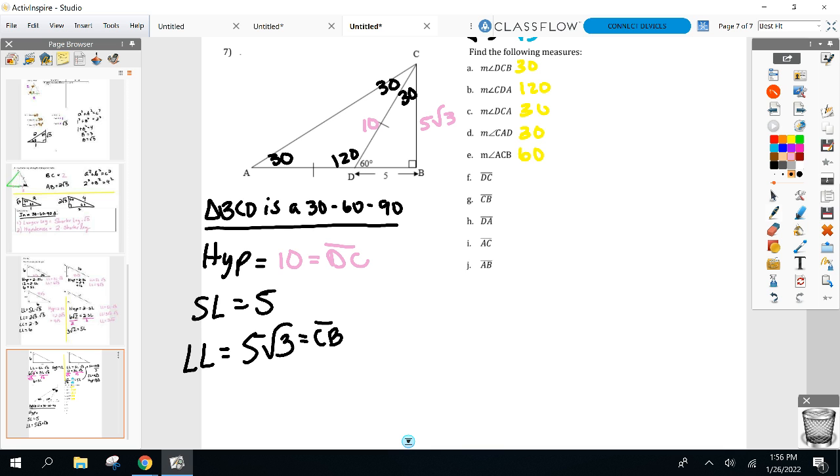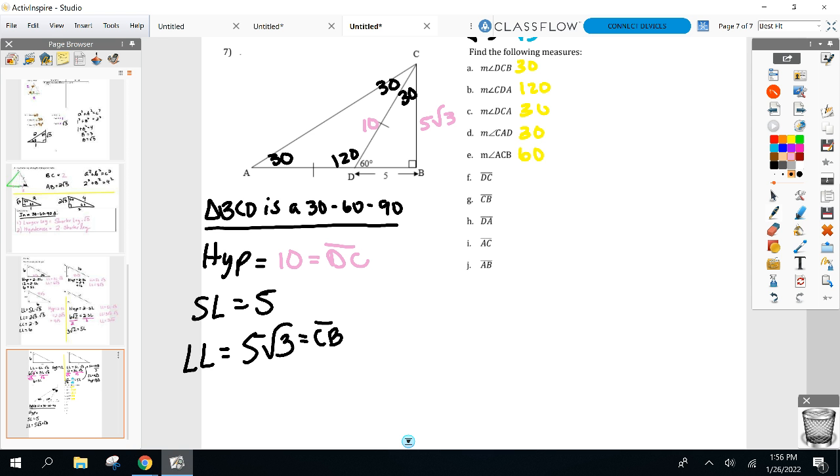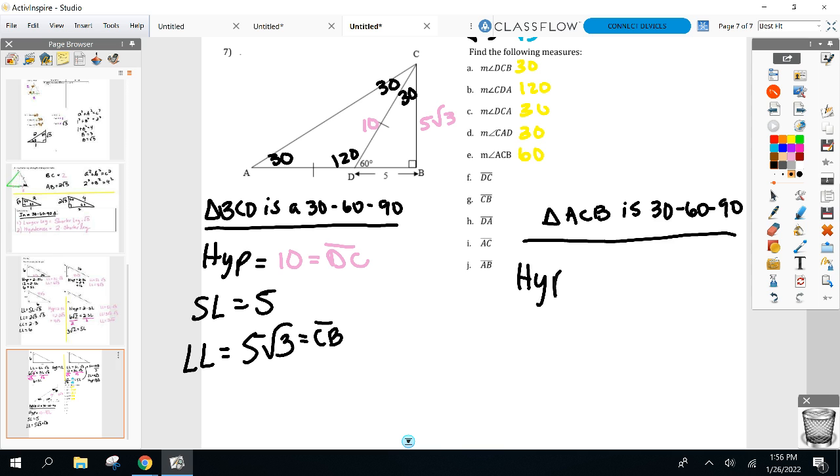I think there's another special right triangle in this diagram other than BCD. Name it. Where's the other special right triangle in this diagram? Triangle ACB. The big dog. Triangle ACB is 30, 60, 90 as well. Hypotenuse, shorter leg, longer leg.